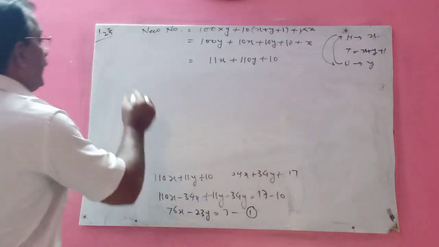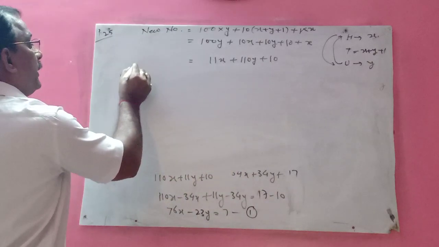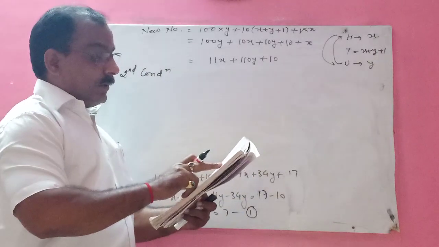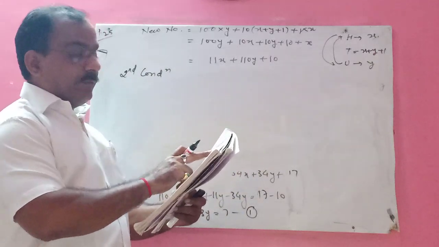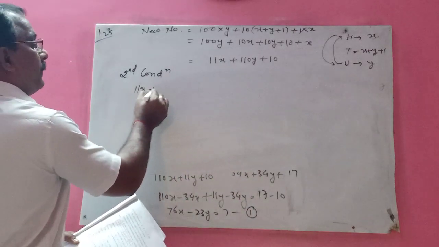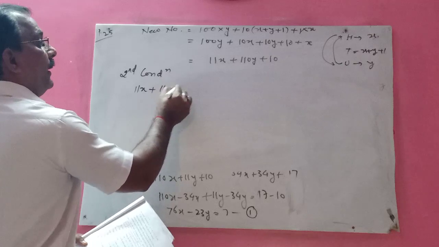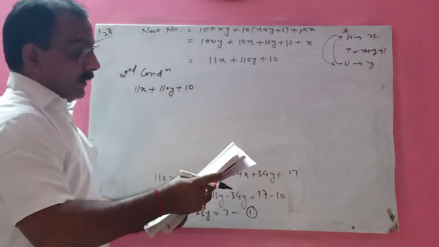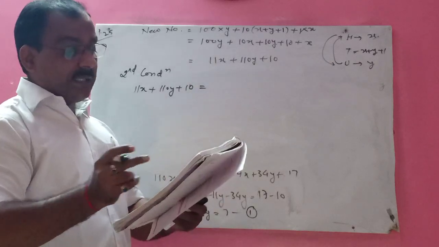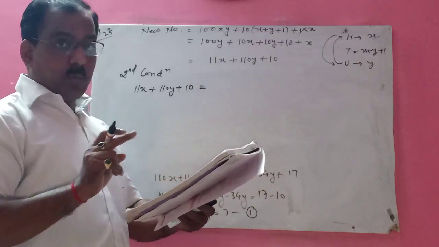But as per the second condition, what is it? If the digits are reversed, then the new number, this 11x plus 110y plus 10, is 198 more than the old number. What is your old number?